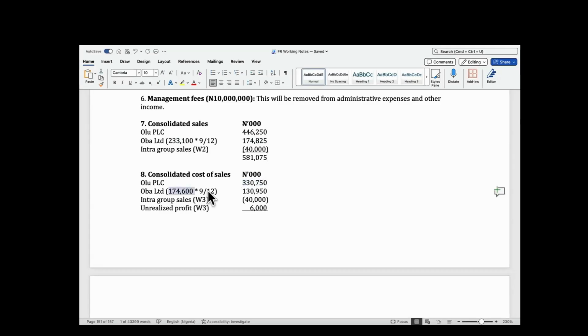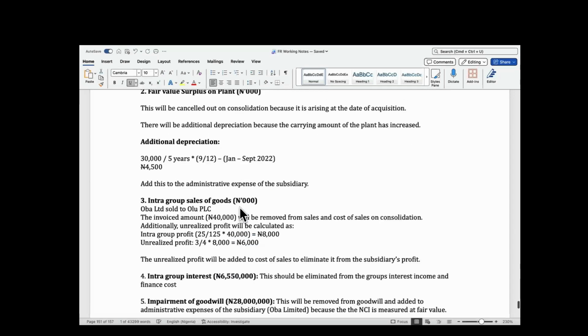We do 9/12 of the subsidiary, which brings us to this. You remove the intragroup sales, and you add the unrealized profit so that it will reduce the gross profit. So you add the unrealized profit to the cost of sales of, it doesn't really matter, but just for understanding, who sold? Let me see.